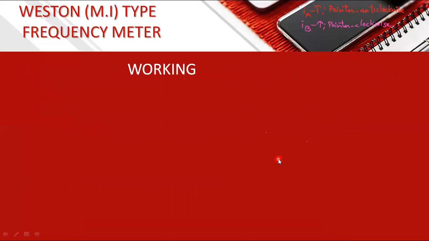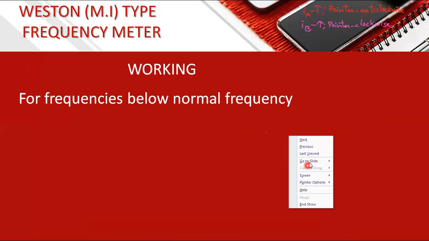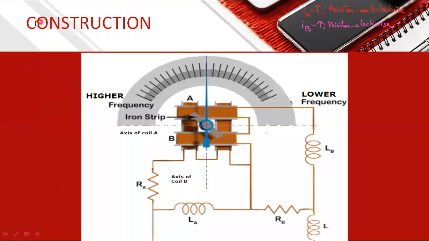Now let us understand the working of the frequency meter for below-normal frequencies. Again, we will go to the construction slide. Now we will summarize how the currents are going to flow through coil A as well as coil B. Let us draw these circuits again.